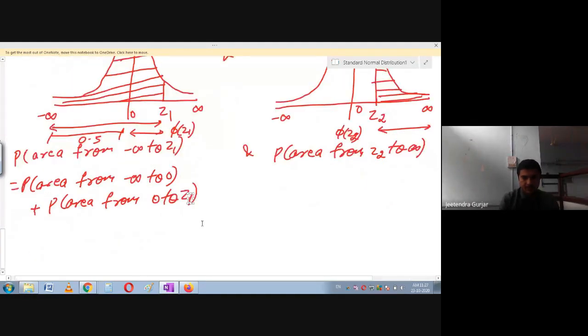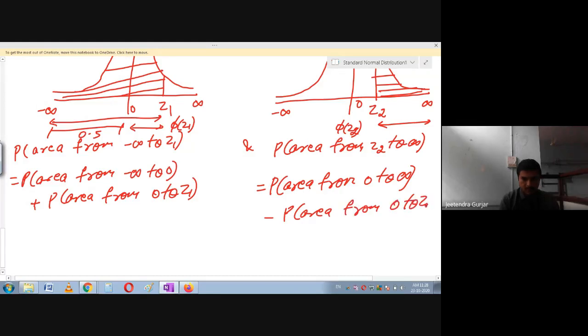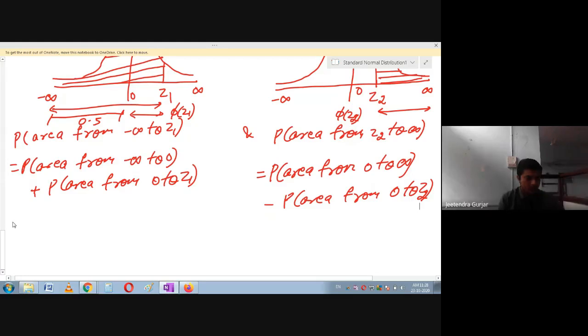Now I will see this area: the area from 0 to infinity, then I will subtract the probability of the area from 0 to z2, so that I get the area from z2 to infinity. Simultaneously I am solving because it is two variates, so don't get confused. So this implies what? I'll simplify this.